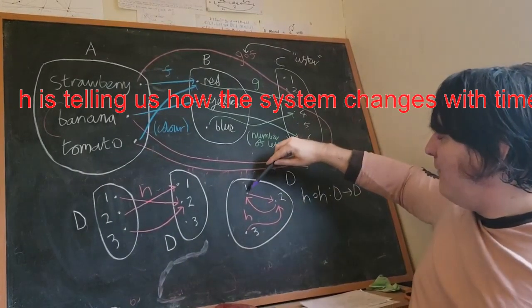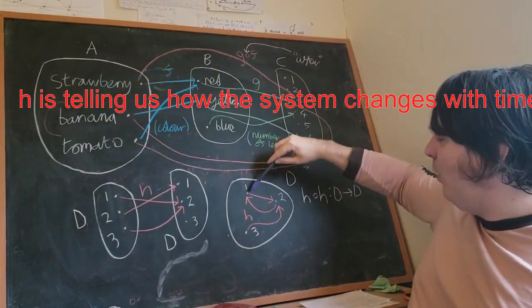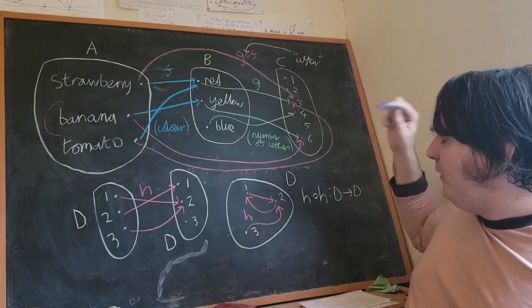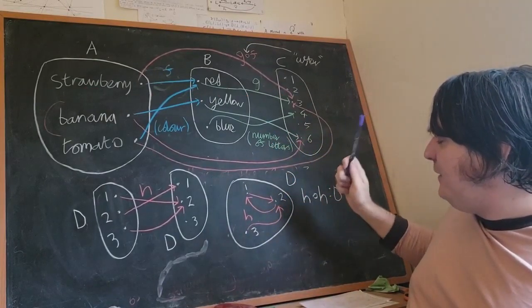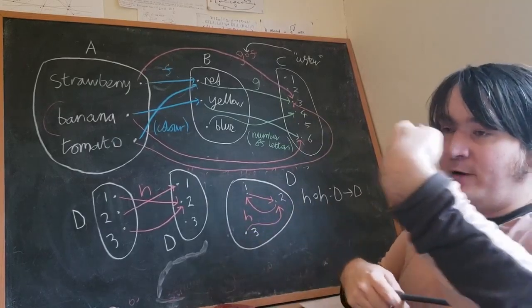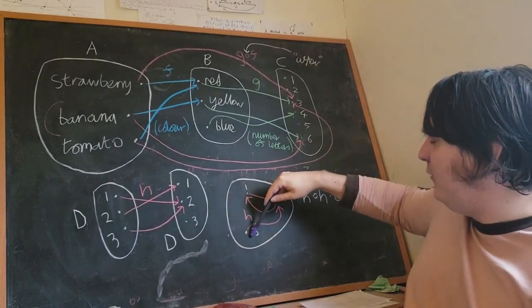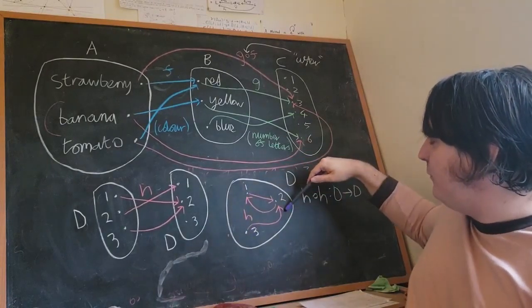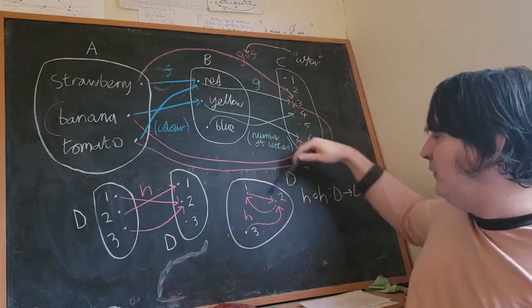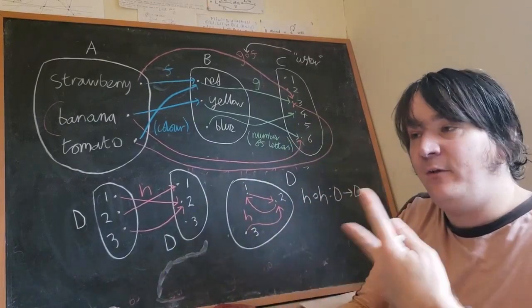So we have this system with states 1, 2 and 3, and if the system's in a particular state, let's say 3 here, then at the next time step it's going to be in the state h of 3, which is 2. So this is telling us how the system changes state over time.